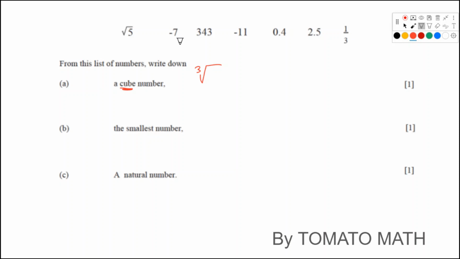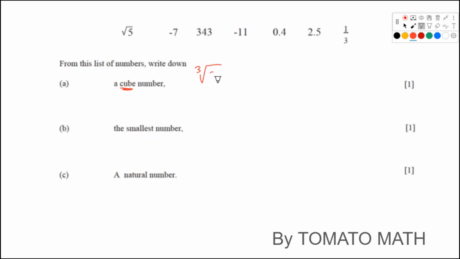And this, let's take the cube root of 7, which is, so cube root of 7, it will be 1.91. So this is wrong. Cube root of 343, yes, this is 7.